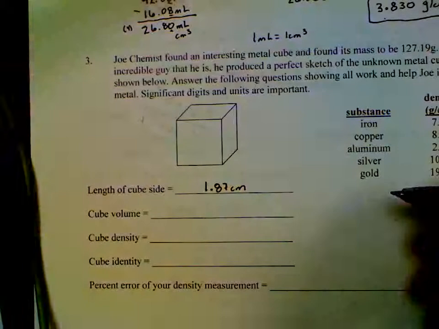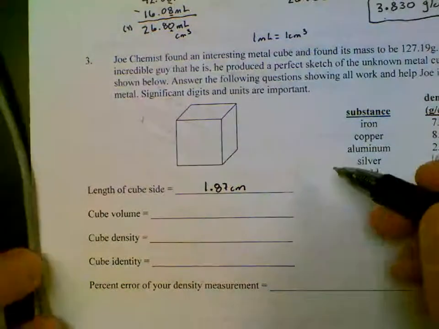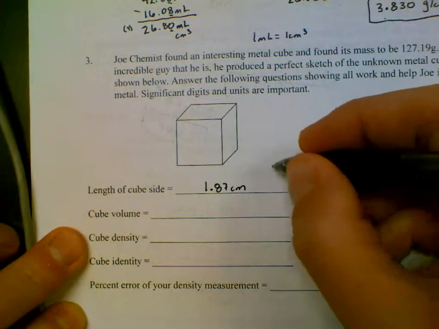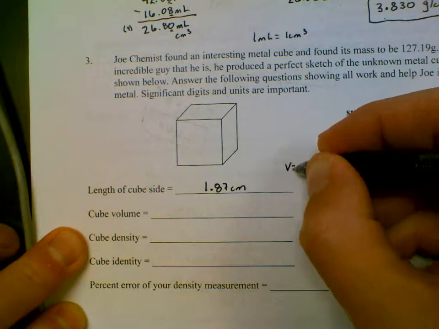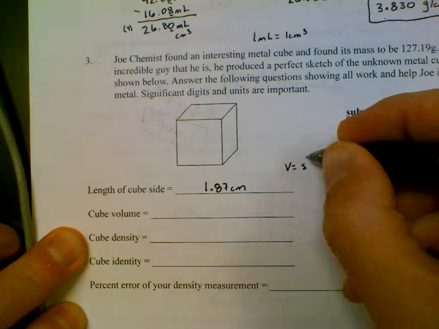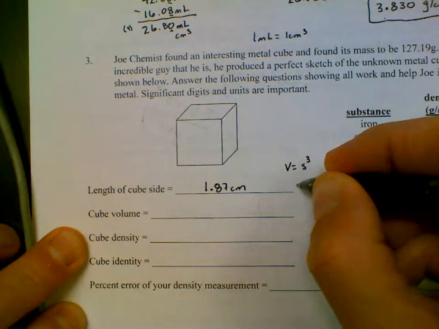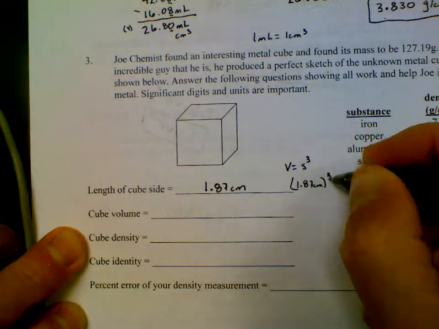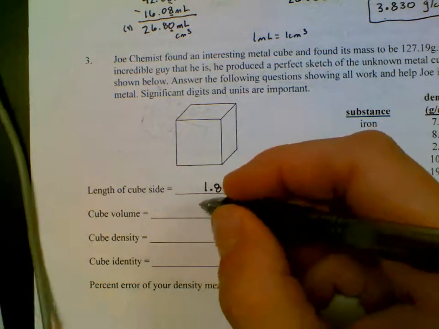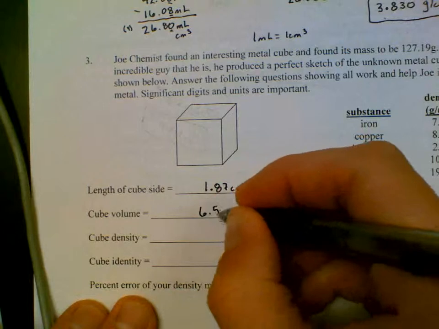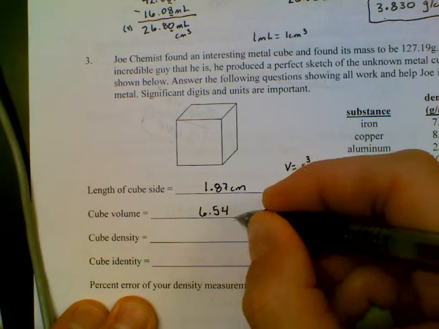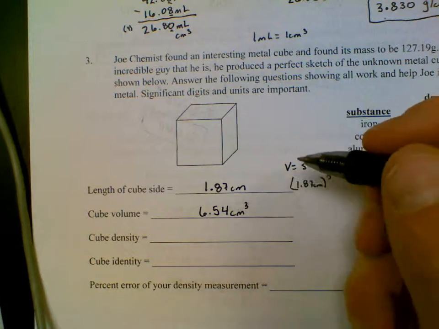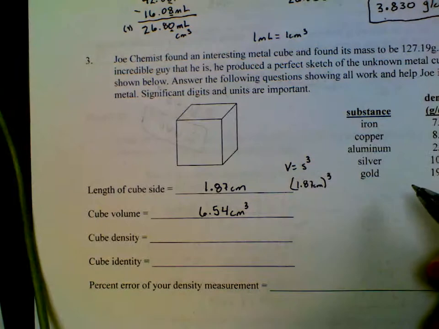Since this is a cube, we can assume that all the sides are the same, which means the volume of the cube is equal to a side cubed. So 1.87 centimeters cubed gives me a value of 6.54 centimeters cubed. It's important to show your work on this problem.